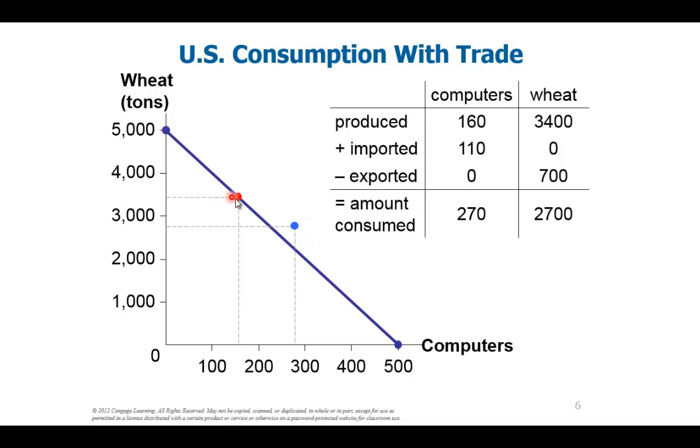So as you can see, with trade, we are able to consume more than what we are able to produce. In other words, trade is similar to technological progress because we're able to consume more than we produce.